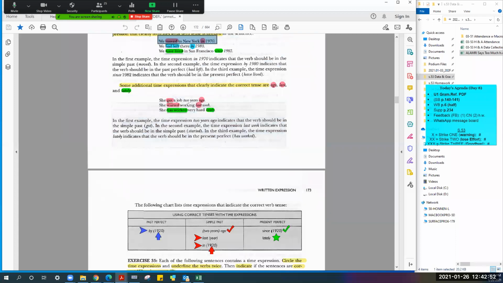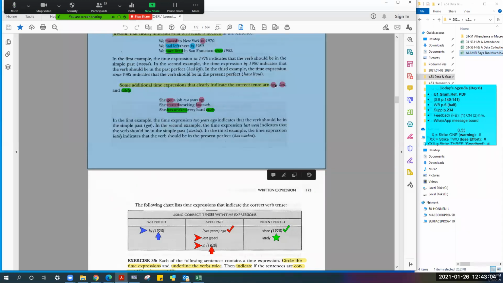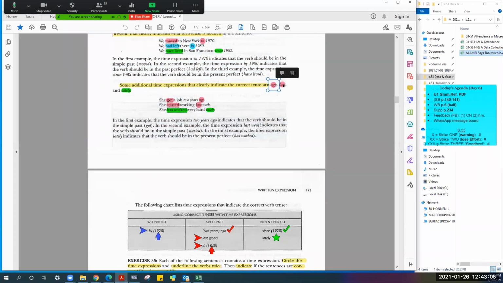Now, let's go to the next section down. Mustafa, here. Some additional time expressions that clearly indicate the correct tense are ago, last, lately.